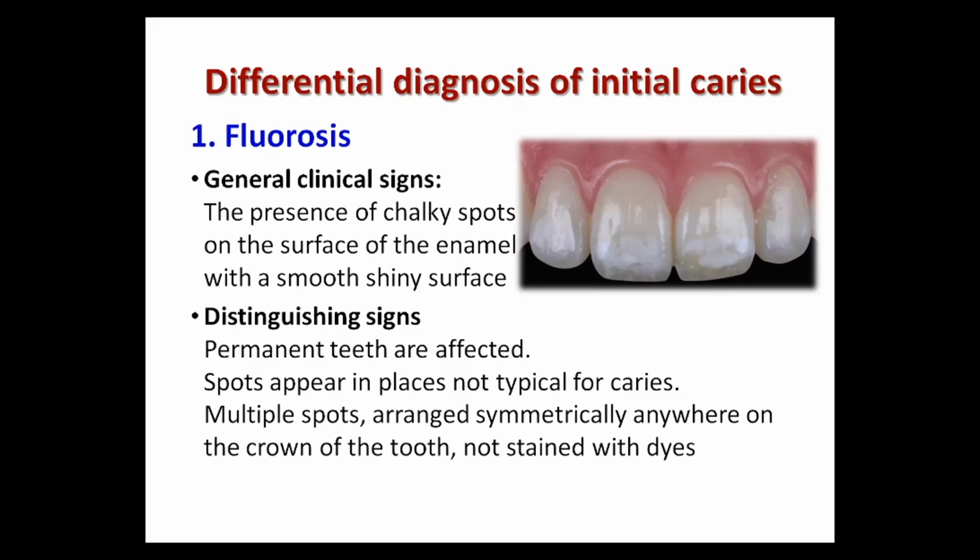And distinguishing signs. They differ because during fluorosis only permanent teeth are affected. Also, spots appear in the places not typical for caries, and multiple spots arranged symmetrically anywhere on the crown of the tooth, not stained with dyes.